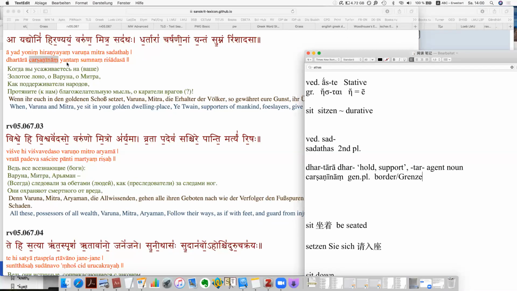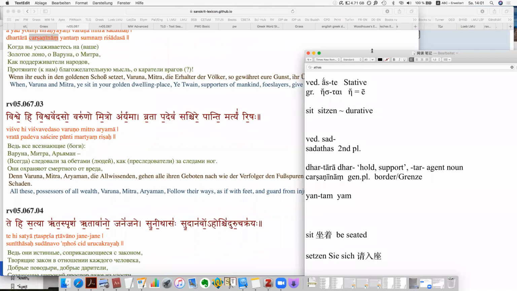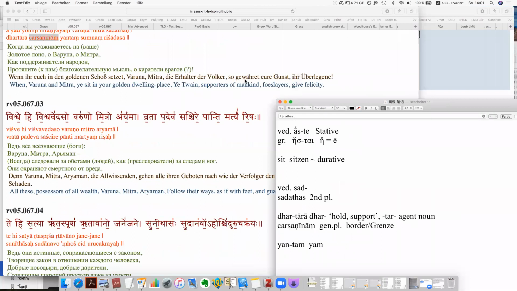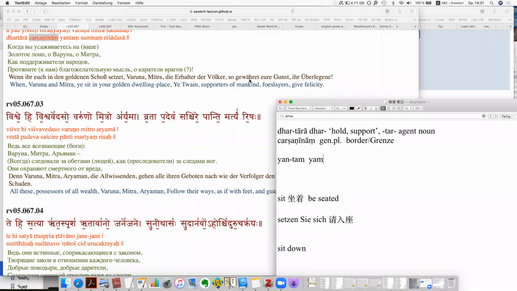And then yamtam means to offer, to give. So it's yam plus tam, and this yam comes from the root yam. You find it in the dictionary, in German it's called gewähren, like to offer or to bestow.